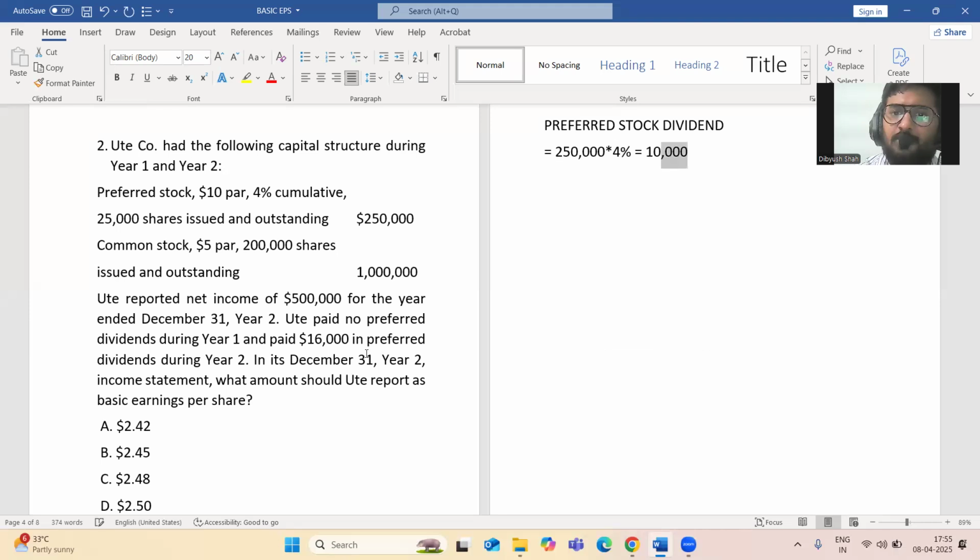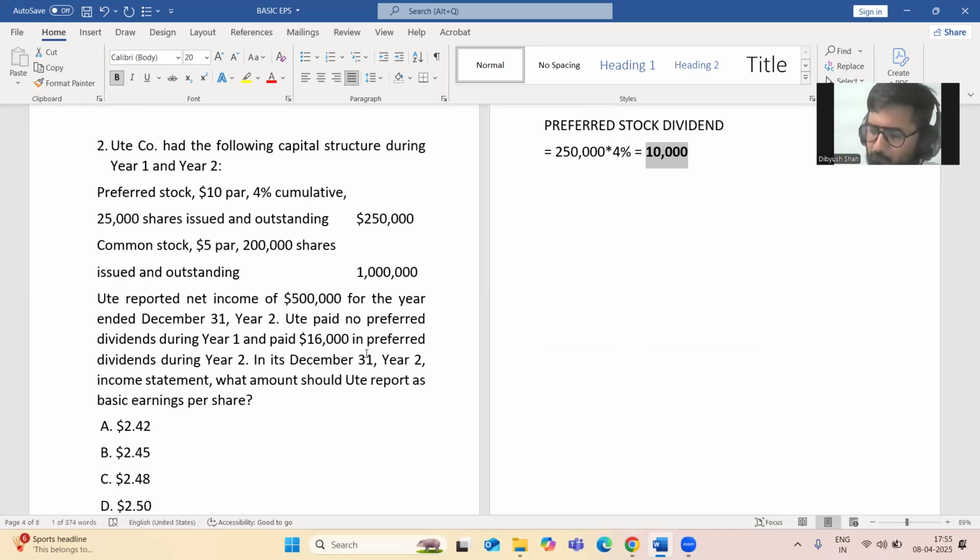This is the amount of dividend. And because the shares are cumulative, I will deduct it regardless of whether it has been declared or not. Common stock, 5 par. So common stock face value is $5 each. 2 lakh shares are issued and outstanding. Total face value is $10 lakh.